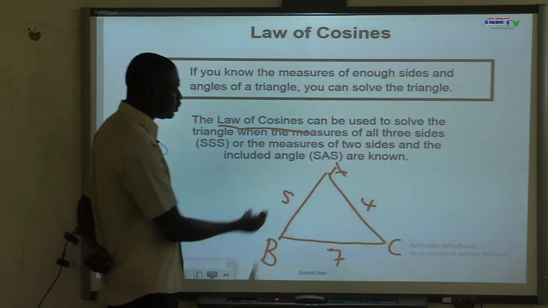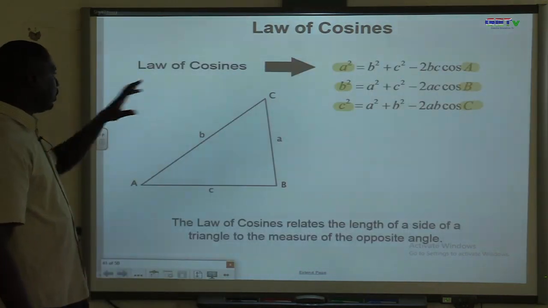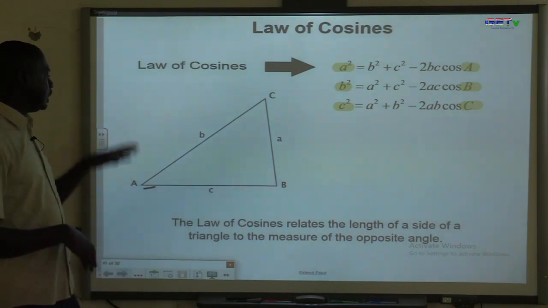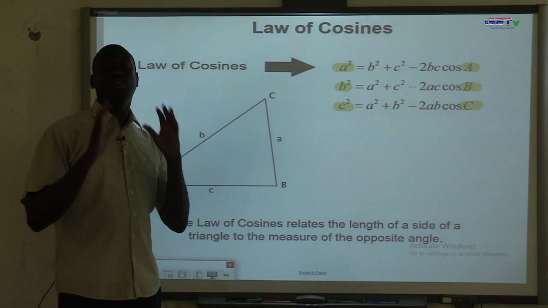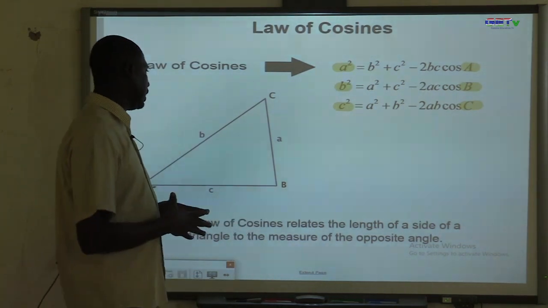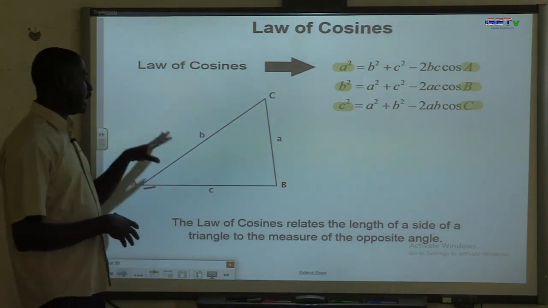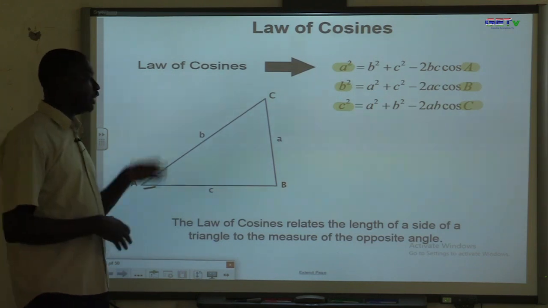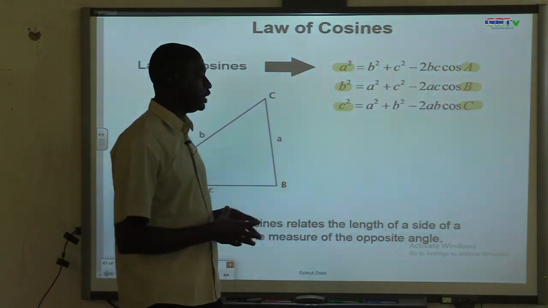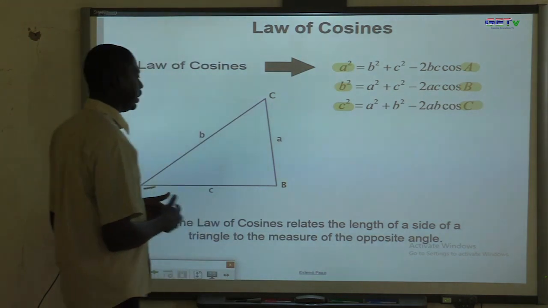Or if we know two sides of the triangle and an included angle. Yes, that's the law of cosine. As I said previously, it is only applicable on non-right angle triangles. If the triangle is a right angle triangle, we use Pythagoras theorem or trigonometric ratios to solve for the missing side or angle.